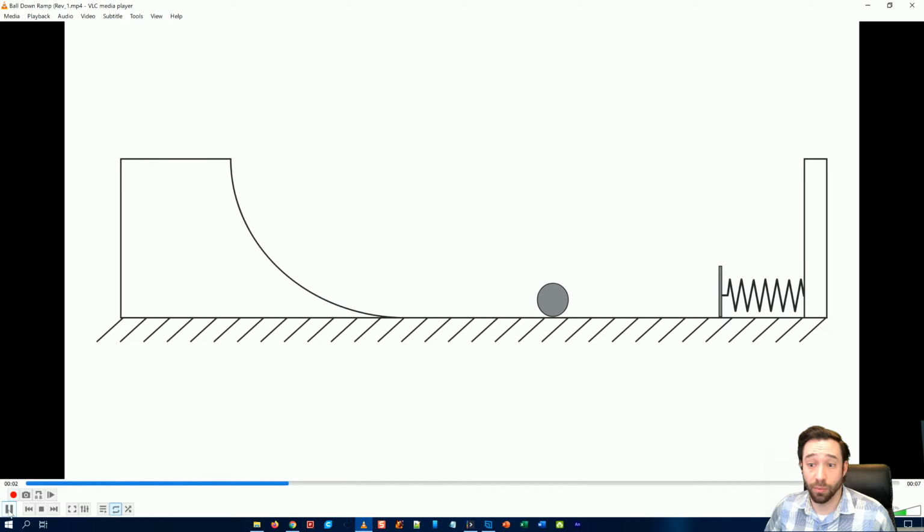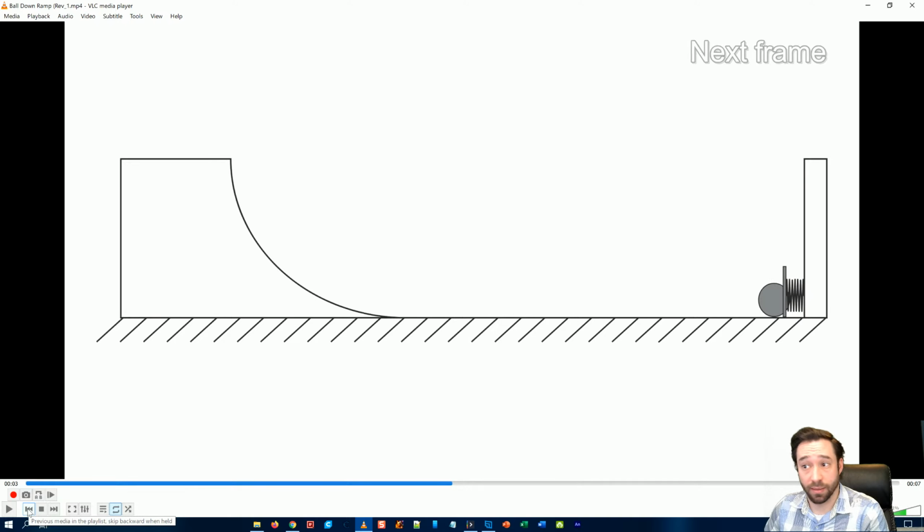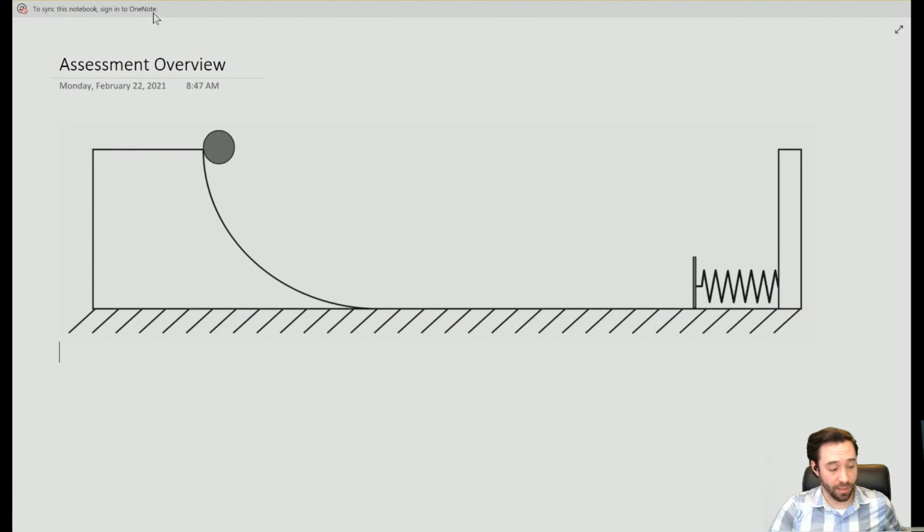The problem that we're going to be dealing with is when it comes down and compresses like that. So this would be the final state. The initial state looks like this when it's at the top of the ramp.